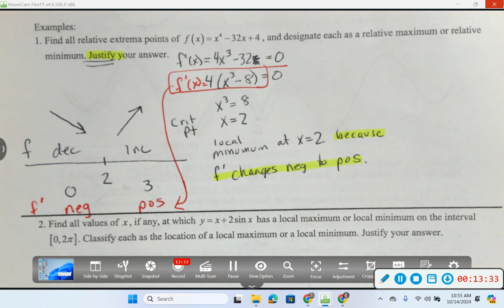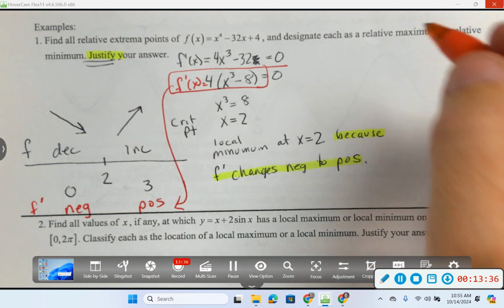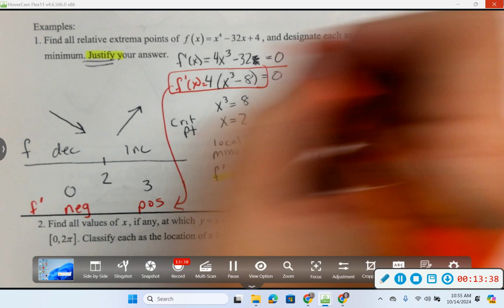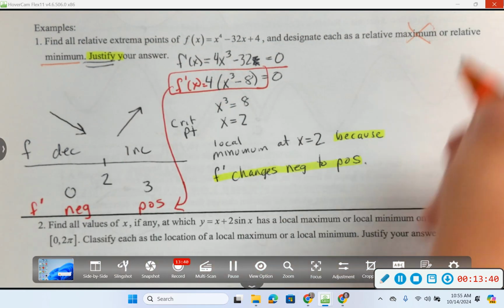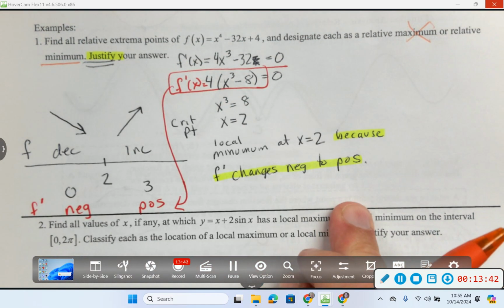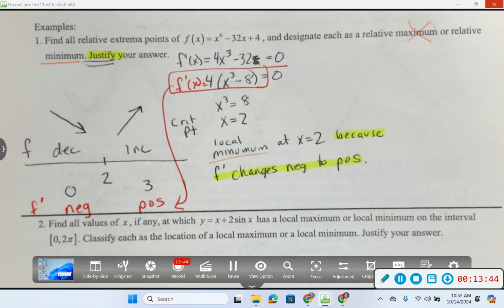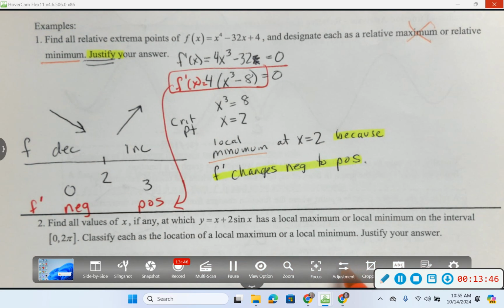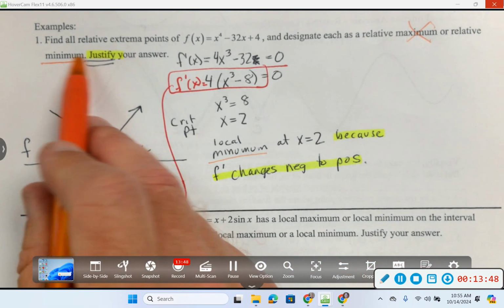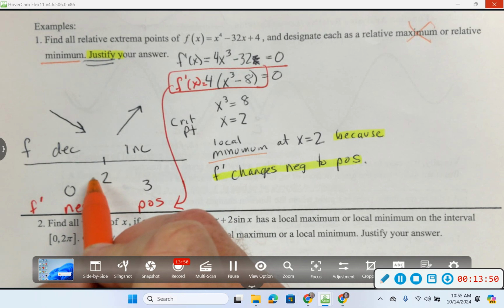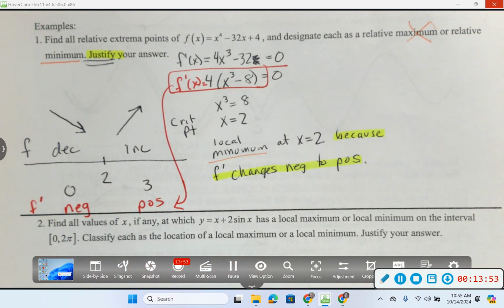It's more of an algebra thing. Like I got the max or min. I said it was a minimum. It's not a maximum. I justified. I got that. Designate. We did that. Find all relative. We found all of them. There was only one. There's only one more word that is going on in there that I haven't done yet.